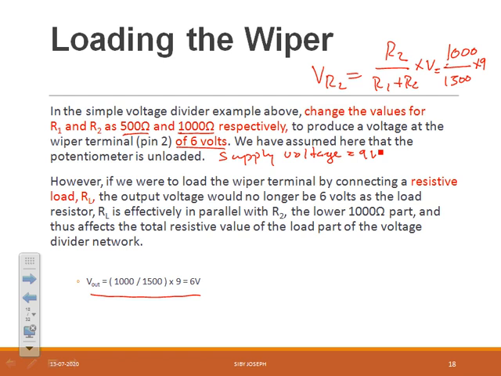However, if we load the wiper terminal by connecting a resistive load RL, that means in parallel to this wiper terminal we connect a resistive load RL, the output voltage would no longer be 6 volt, as the load resistor RL is effectively in parallel with R2.